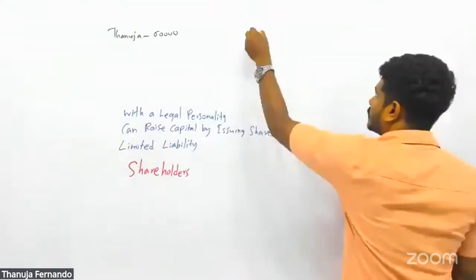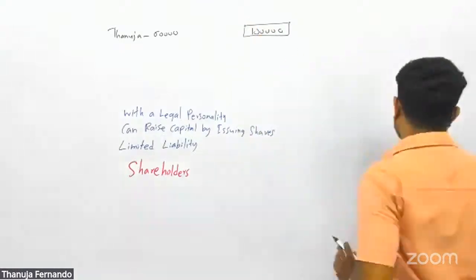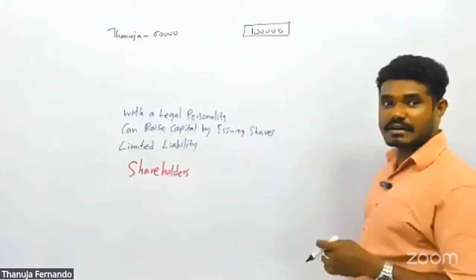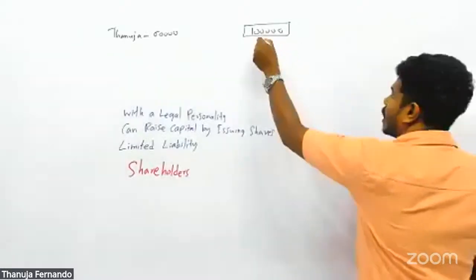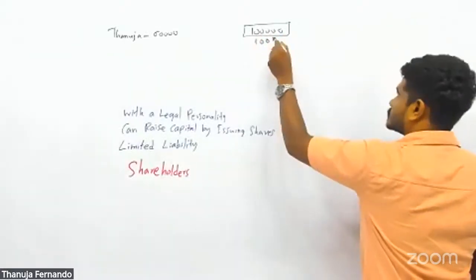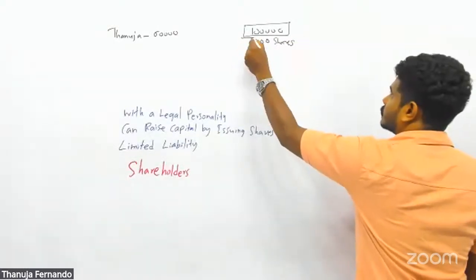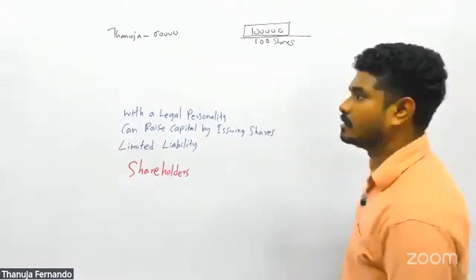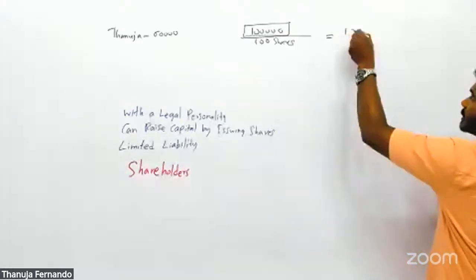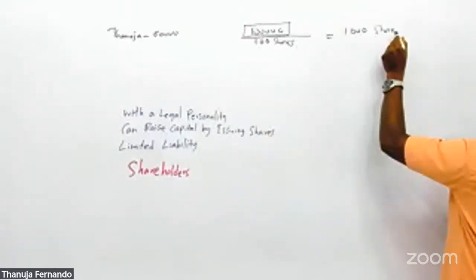The total amount we need is 100,000. So we can divide this 100,000 into 100 pieces, let's say shares. Then a share value is 1,000.